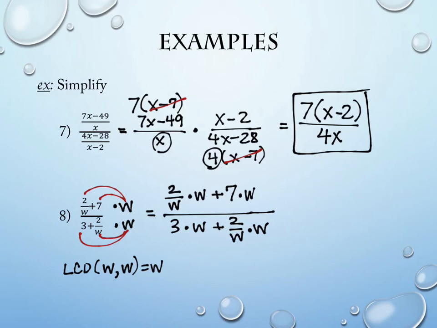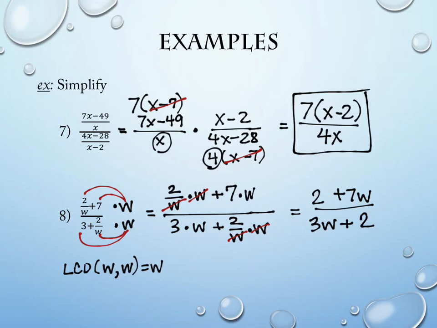So lovely things, right? In 2 over W times W, the W's cancel. The other one, the 2 over W times W, the W's cancel. They happen to be 2 over W. That's interesting, okay? And then we're just going to simplify what's left. So this is just now 2 times 1, so this is 2, plus 7 times W, which is 7W, over 3 times W, which is 3W, plus 2 times 1, which is 2.